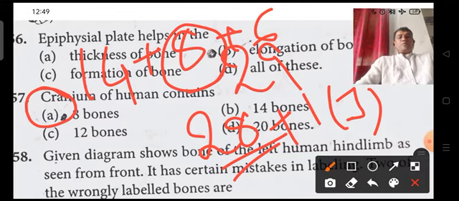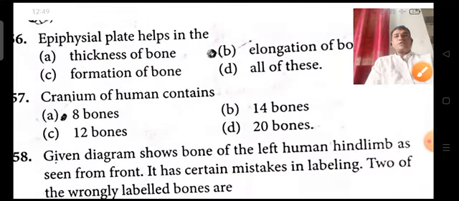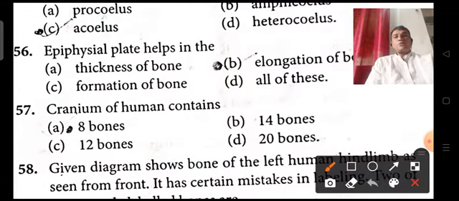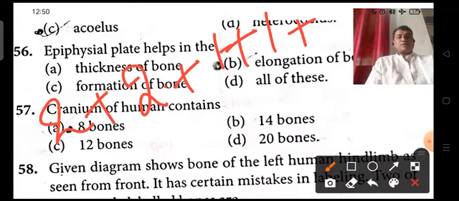These are two parietal bones, two temporal bones, one sphenoid bone, one frontal bone, one ethmoid bone and one occipital bone.